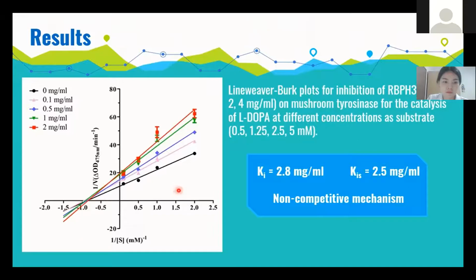These results indicated that RBPH3 was a non-competitive type of inhibitor. The Ki and KIS of RBPH3 were 2.8 and 2.5 mg per milliliter respectively.